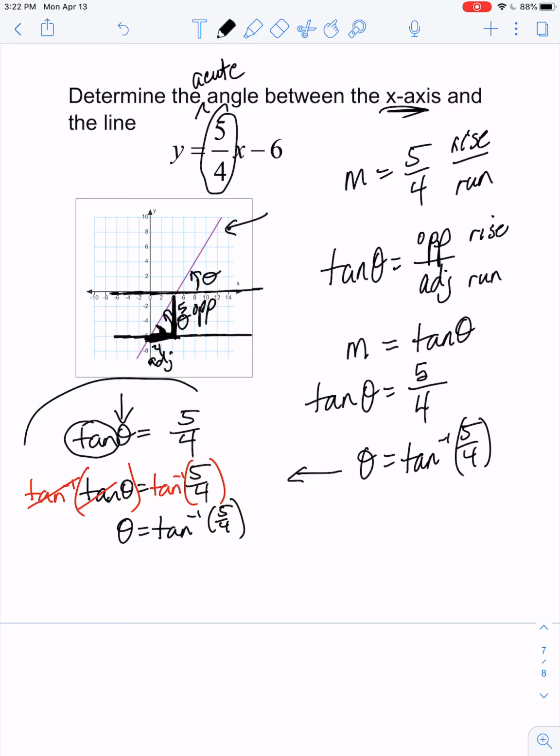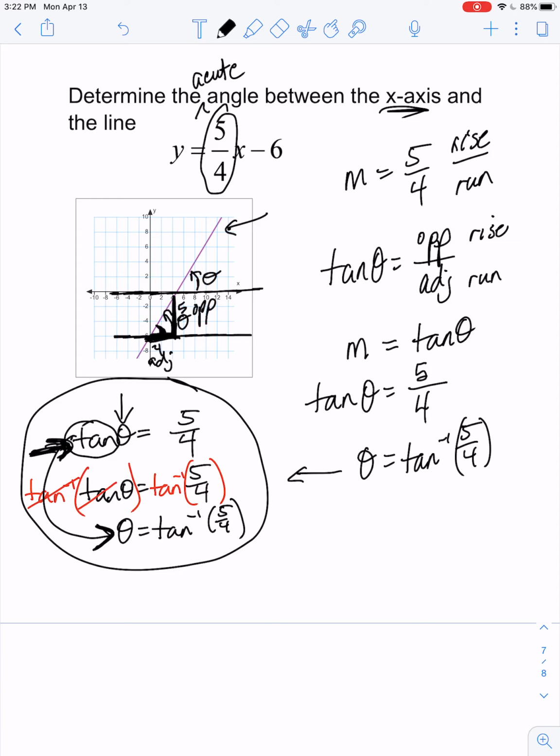I know we've seen it before, but that's why it works that way. So I'm jumping from the line tan theta equals 5/4 right down to theta equals tan inverse of 5/4.